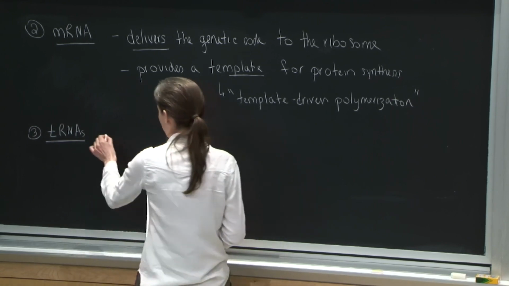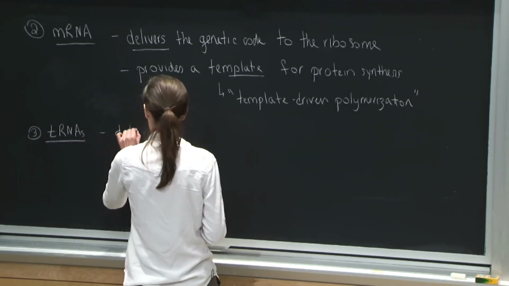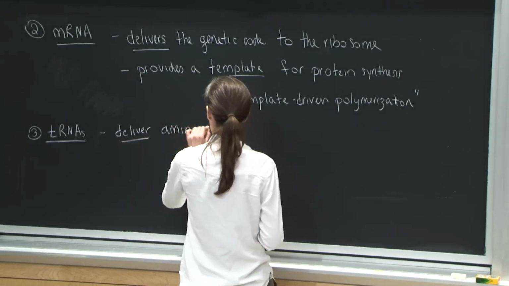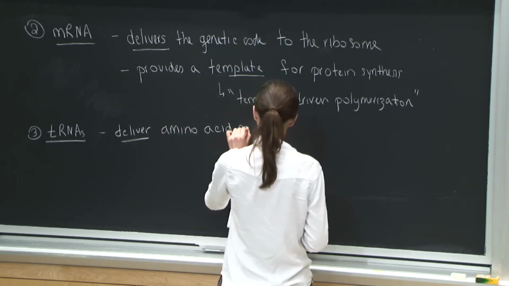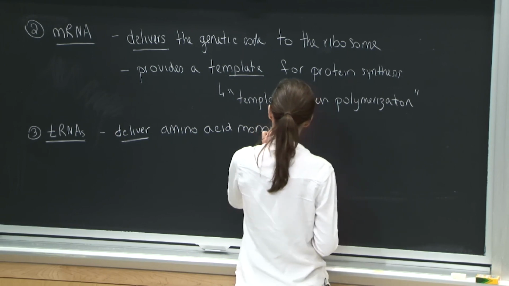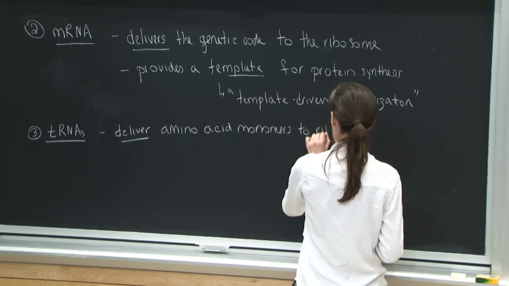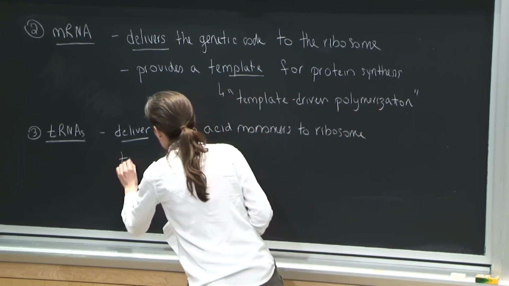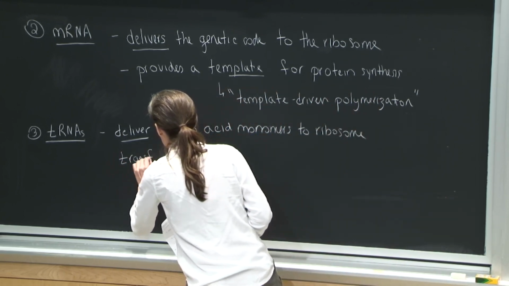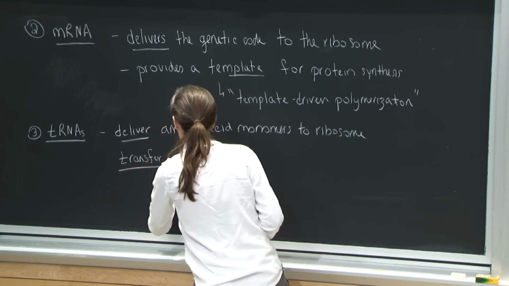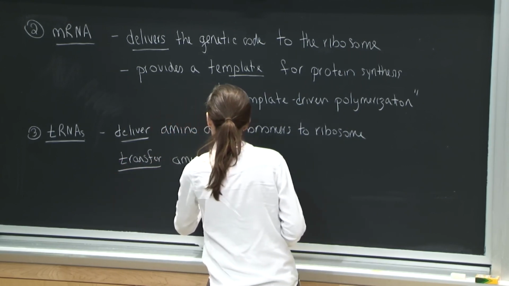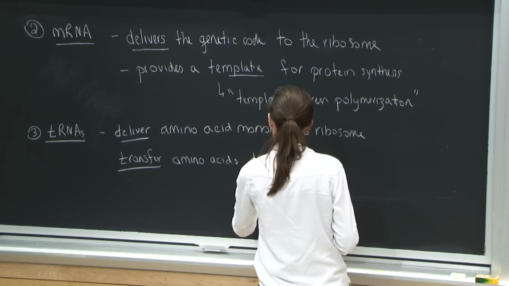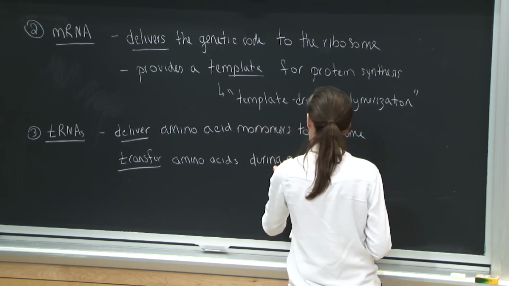So these transfer RNAs deliver the amino acid monomers to the ribosome, and they transfer the amino acids during synthesis of the polypeptide.